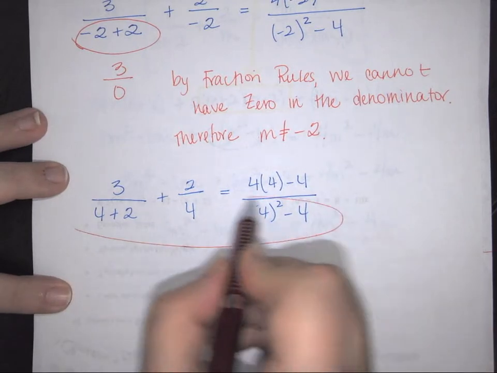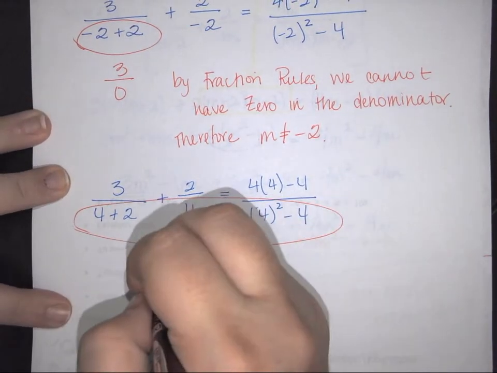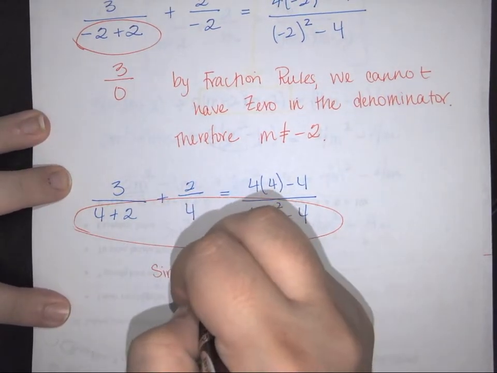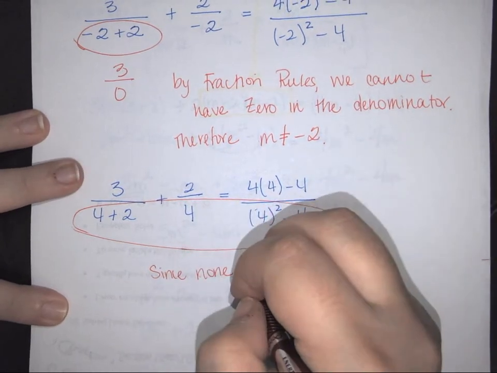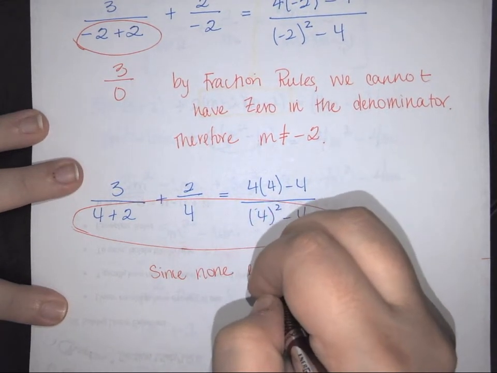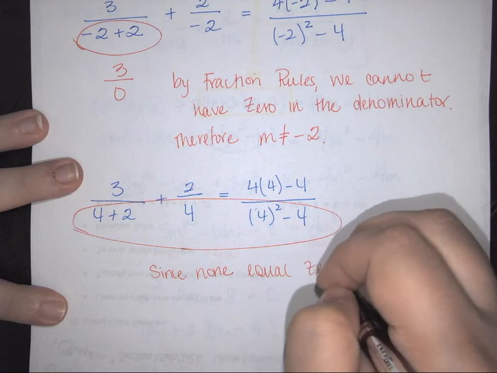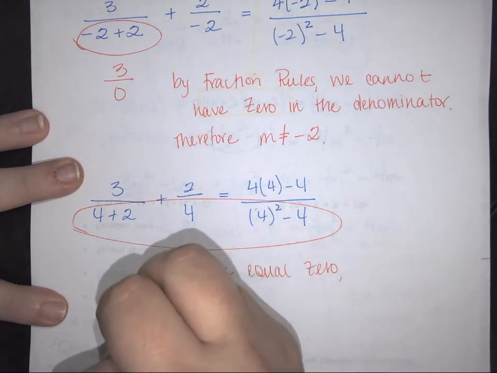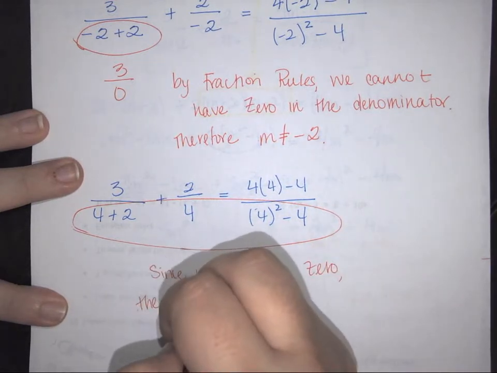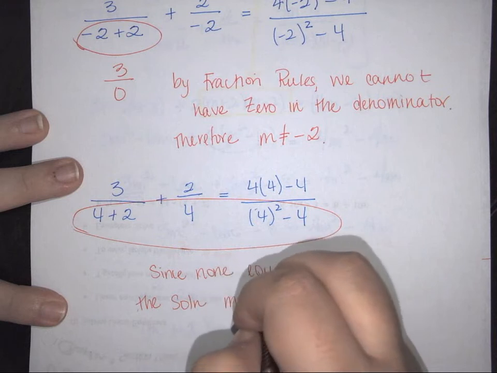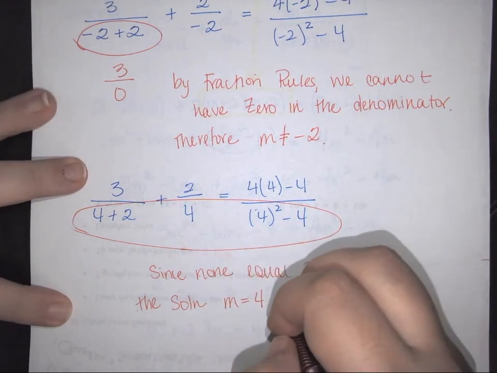In looking at all of these denominators, since none equals 0, the solution m equals 4 works.